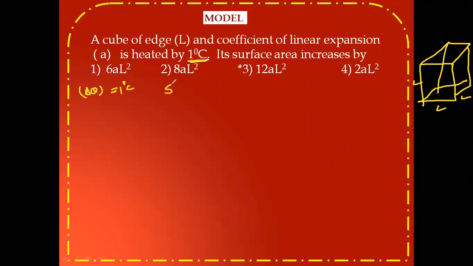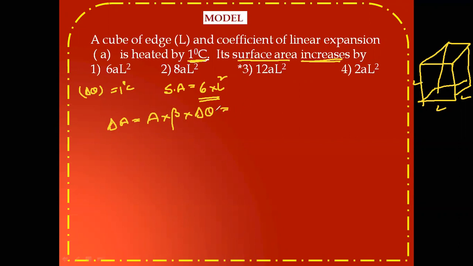What is the surface area of the cube? A cube has 6 surfaces, each of area L square, so the surface area is 6 L square. The question asks to find the surface area increase, so delta A. The basic formula is delta A equal to area into beta into delta theta.